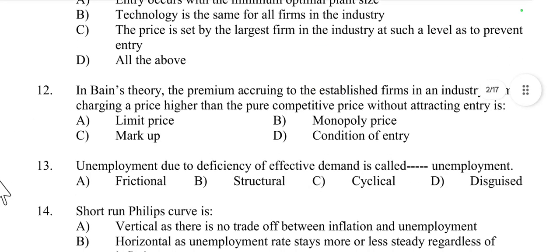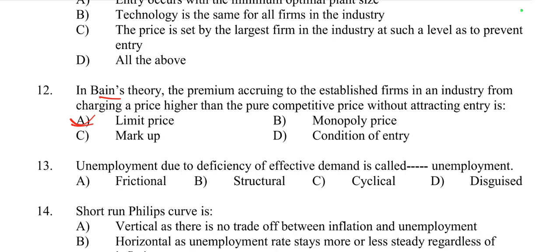Then question number 12. In Bain's theory, the premium accruing to the established firm in an industry from charging a price higher than the pure competitive price without attracting entry is called: limit price, monopoly price, markup, or condition of entry. It is called the limit price.